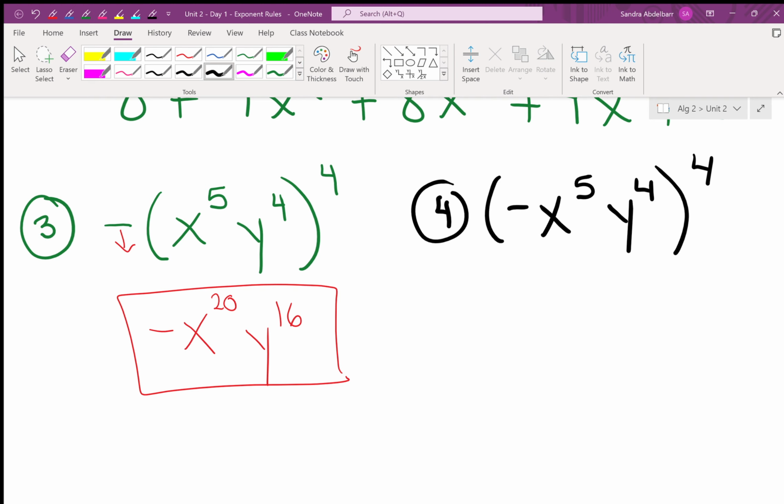Yeah, and what happens when you raise a negative to an even power? What happens? Claire? It becomes positive. What happens when you raise a negative to an odd power? It stays negative. So when I raise this negative to an even power, it's going to turn positive. So we'll get a positive 1 there. And then we'll get x to the 20th, y to the 16th.